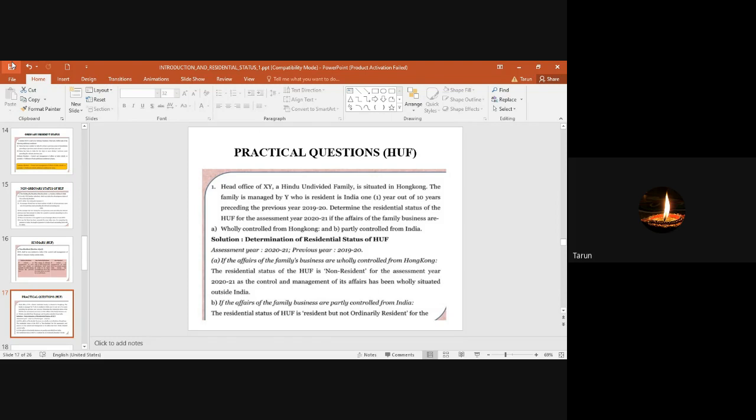So, in order to understand the question, the first task a student has to do is to estimate what is the assessment year and what is the previous year.